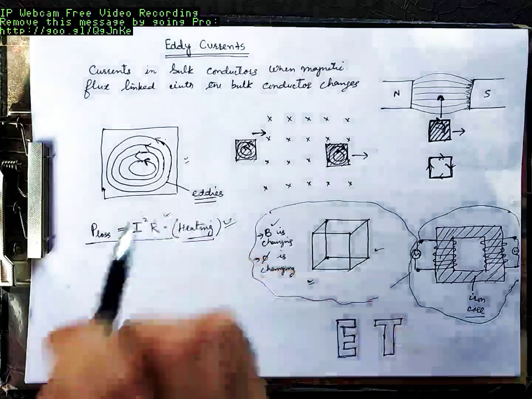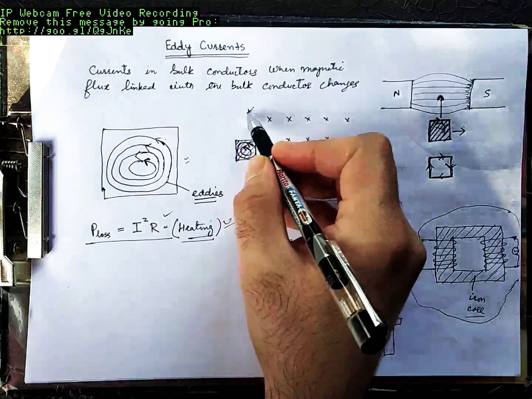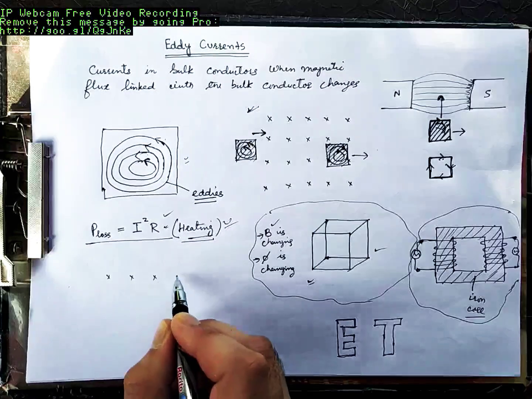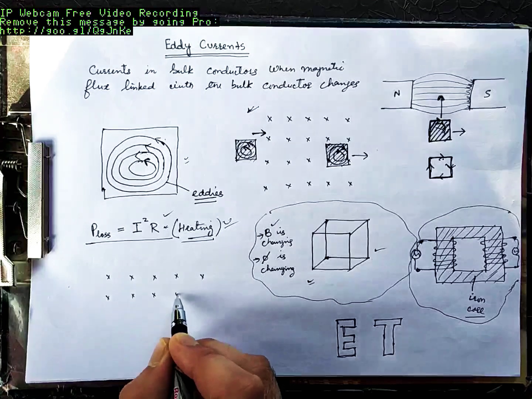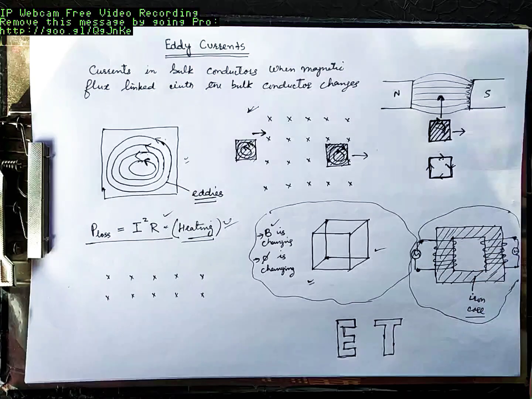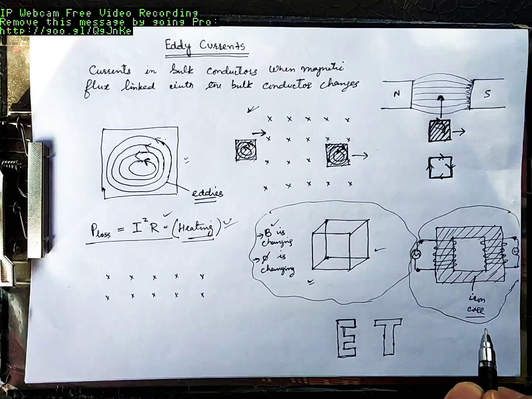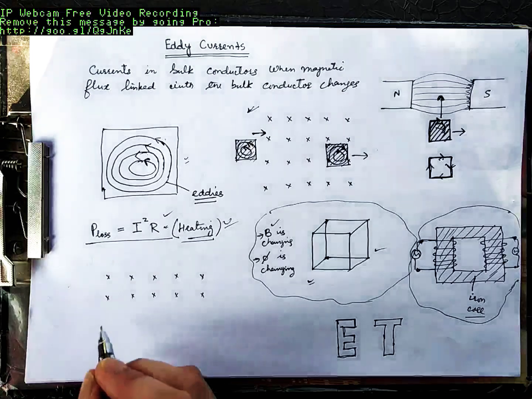Let me explain here what I mean by laminations. Again, take this example here. If you do not get this transformer thing completely, you need not worry, because we have yet to study the transformer. It comes in the next chapter, alternating current.